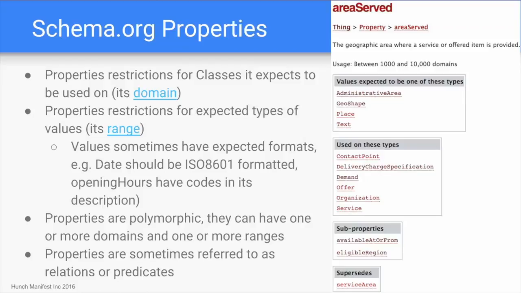Properties are polymorphic, which means that they can have one or more domains and ranges. AreaServed is a great example. You can see how it's got multiple different values on either end of it.